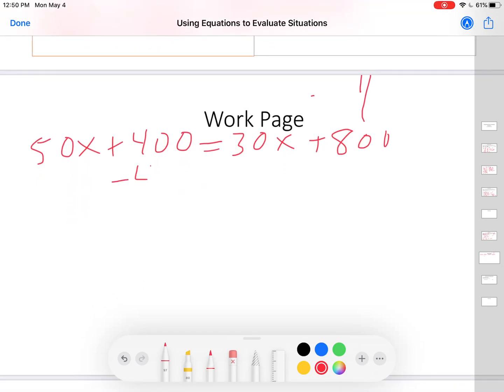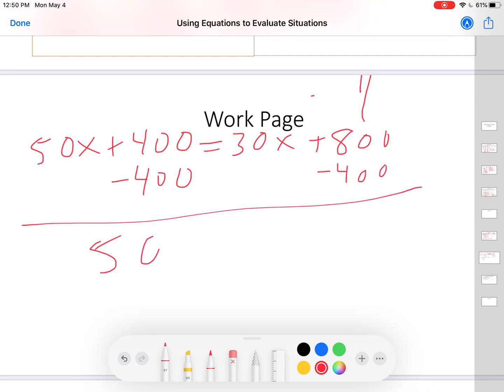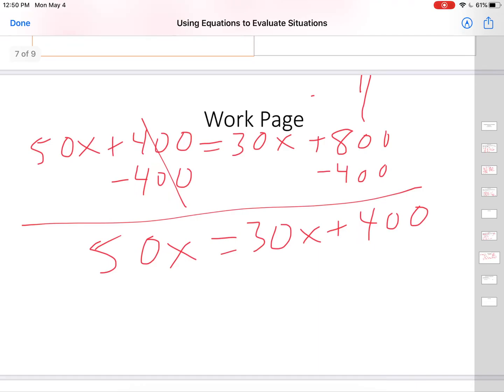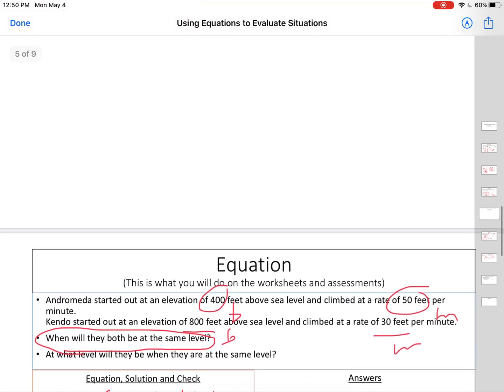First thing I'm going to do is subtract 400 from both sides. I get 50x on this side, the 400s are canceled. Over here I get 30x plus 400. 800 minus 400 is 400.